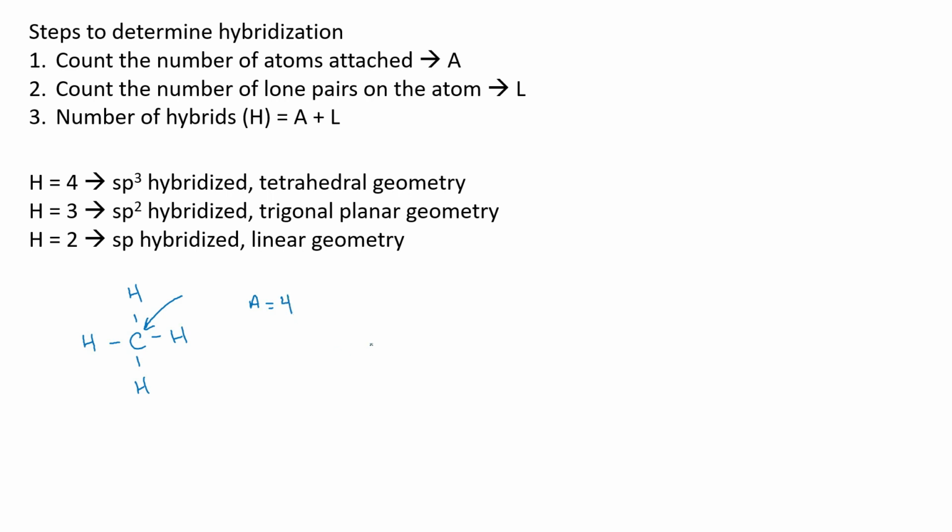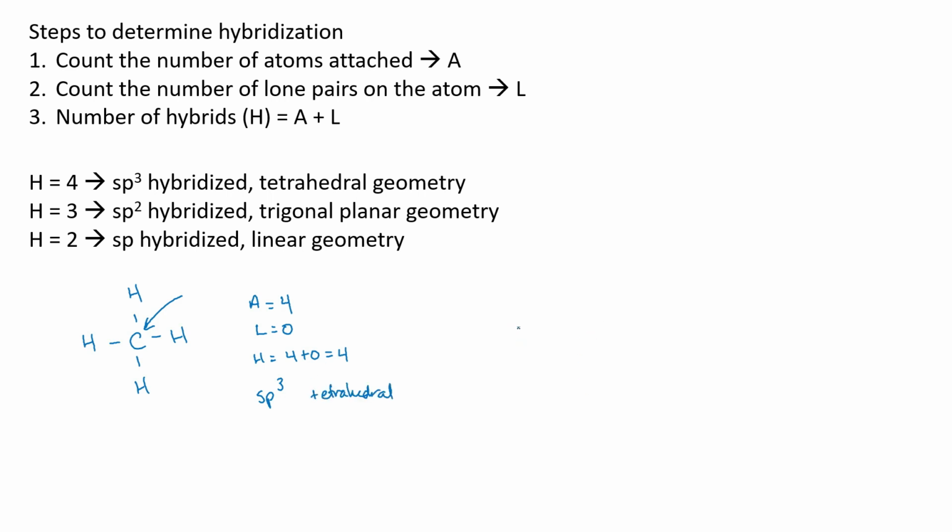Step 2 is we need to count the number of lone pairs on that atom. That carbon has no lone pairs, so L equals 0. So our value of H is simply 4 plus 0, which equals 4. And when H equals 4, this is an sp3 hybridized carbon. Its geometry is tetrahedral.